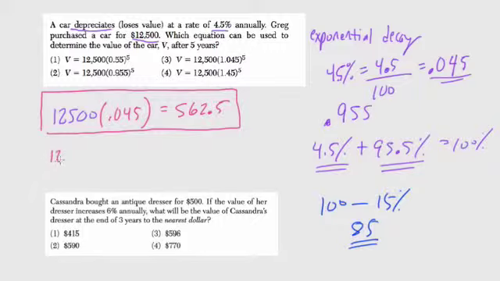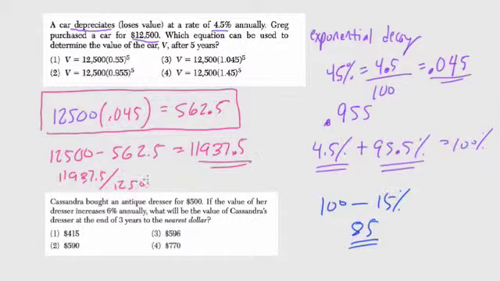Then 12,500 minus this, what's my new value? Well, that's 11,937.5. If we take 11,937.5 and divide it by 12,500, we get 0.955, which is 95.5%.